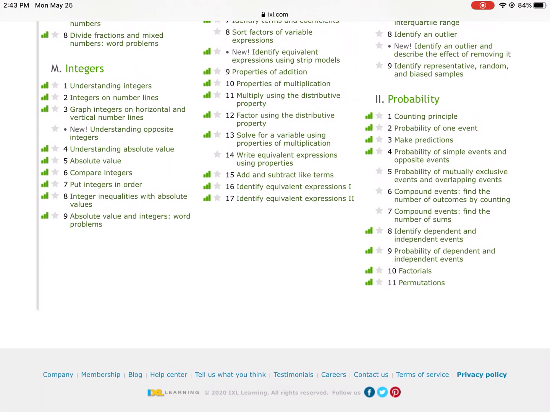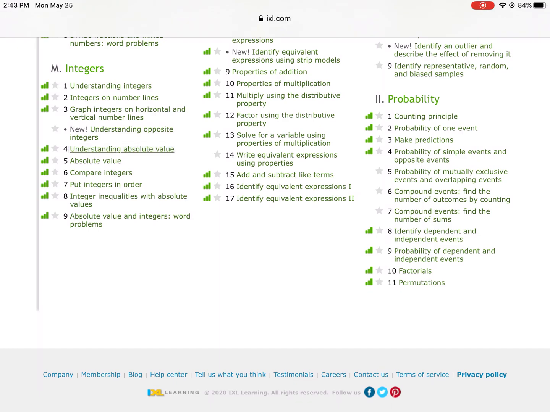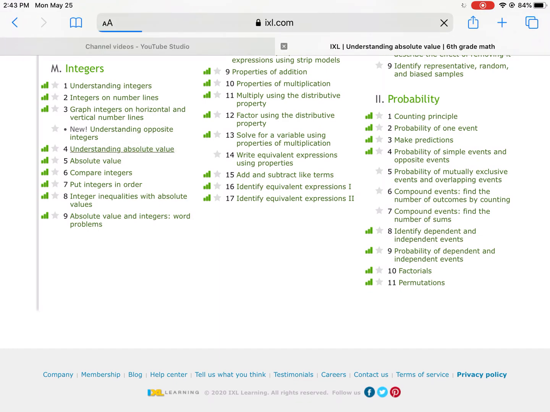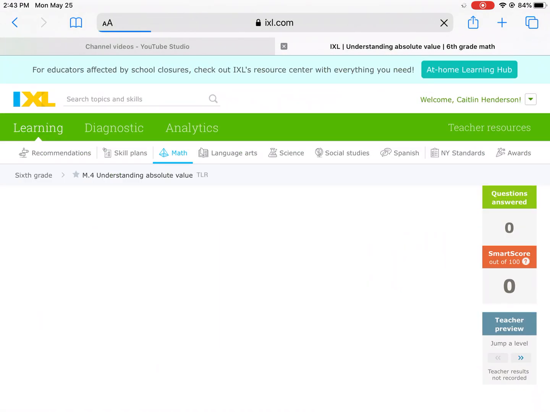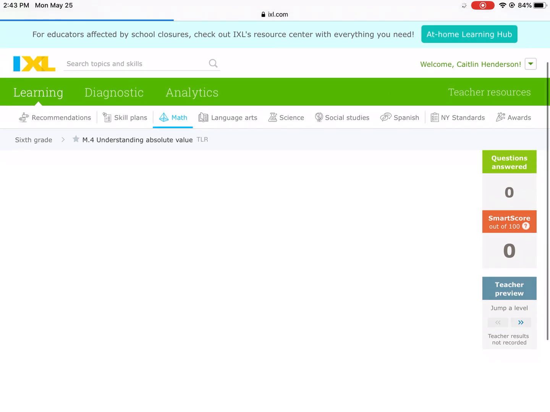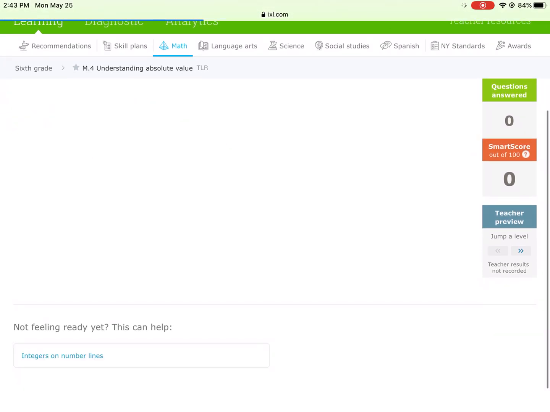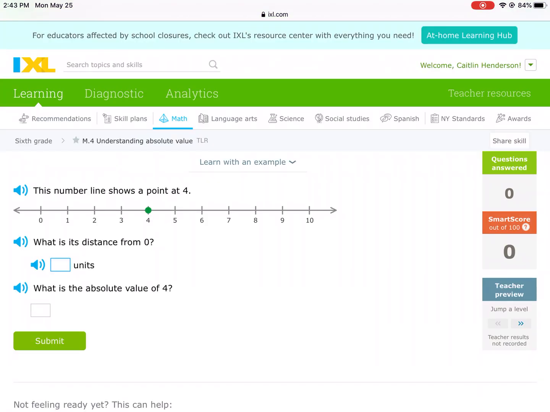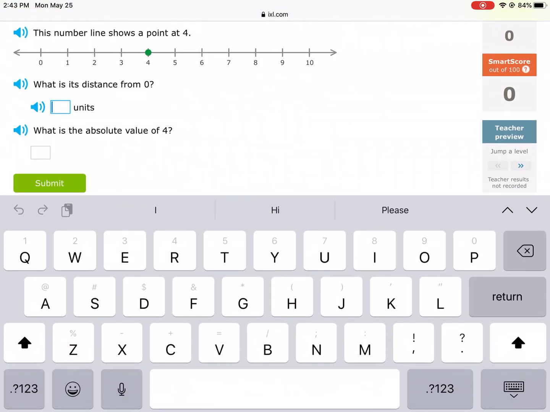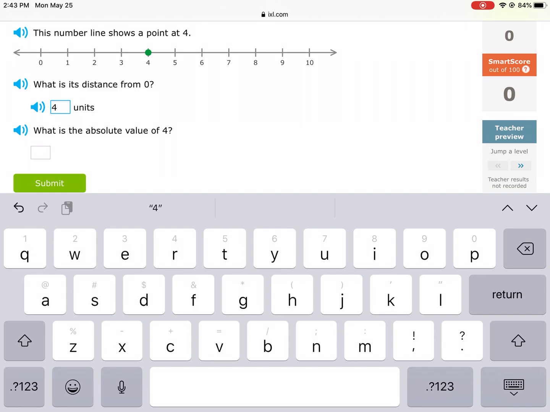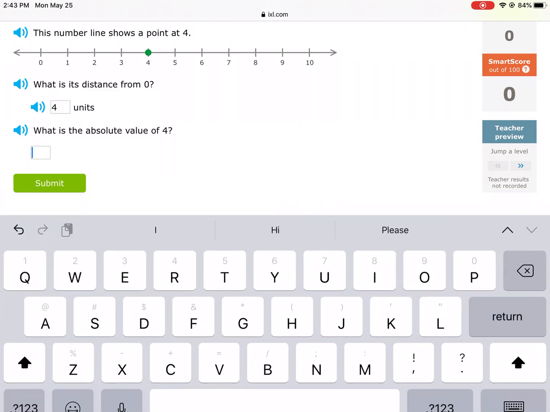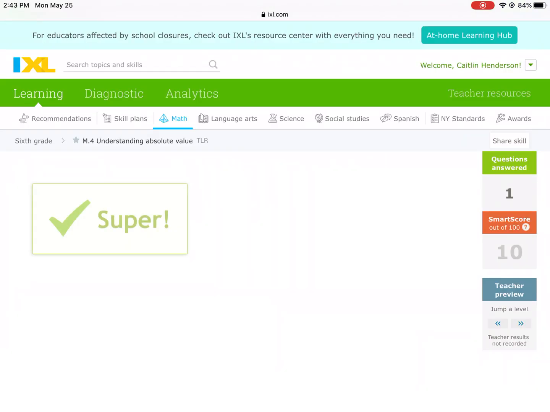All right, so M.4, understanding absolute value. So what you'll do with these questions when they appear. All right. This number line shows a point at positive 4. What's its distance from 0? Well, it's 4 units away from 0, so its absolute value is 4.